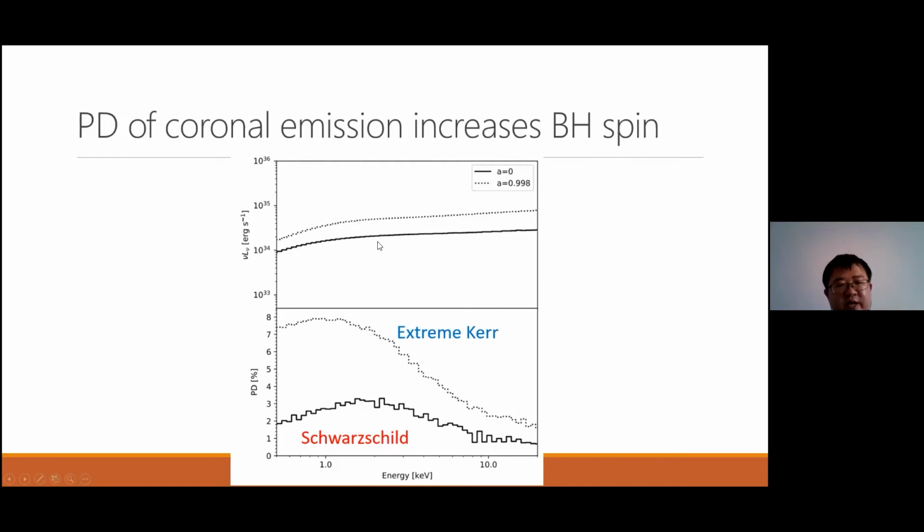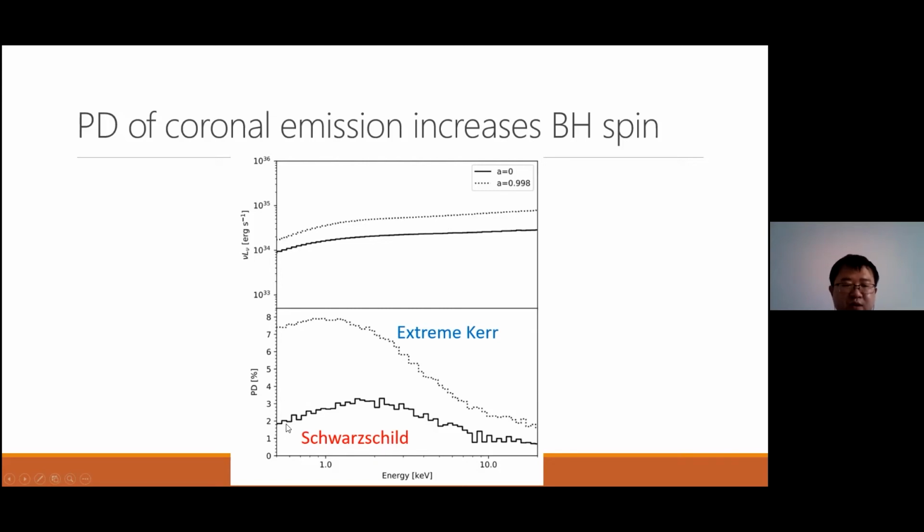If you look at the energy spectrum, what do you see? That the spectra of the coronal emission are nearly the same shape, and the normalization differs by only a factor of 2. So it's really hard to tell from the energy spectrum. But if you look at the polarization degree, then they are quite different.